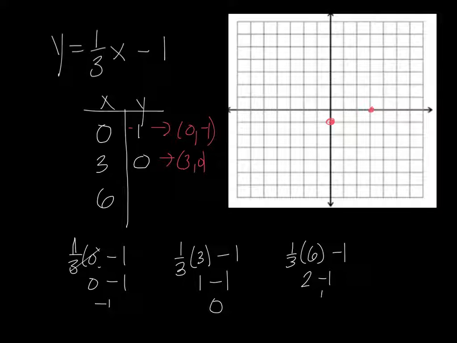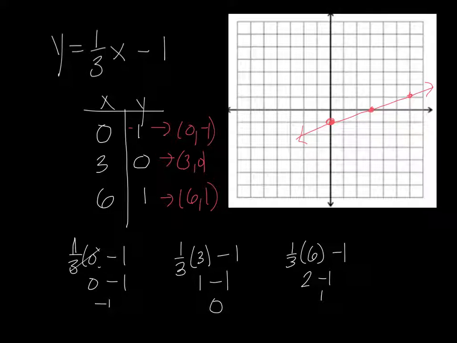And 2 minus 1 is 1. So that means I'm going to graph the point 6, 1. And there it is, and I'll draw the line. Okay, so you guys get the idea. This is how you're going to do it every single time. Just plug in 3 points, usually 0, and then 2 others.